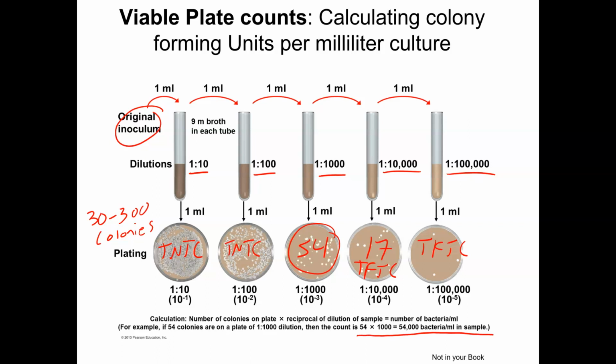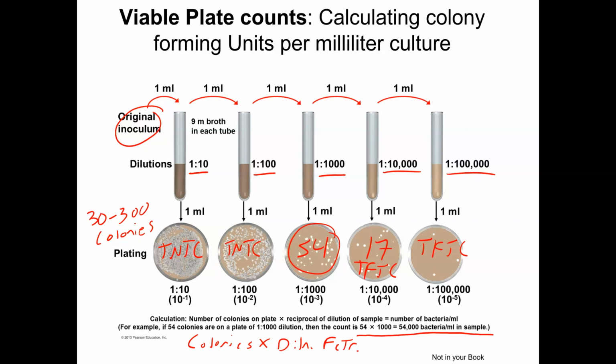You multiply the colonies by the dilution factor. Okay, so 54 colonies on the 1 to 1,000 plate. So 54 times 1,000. 54,000 living cells were transferred.